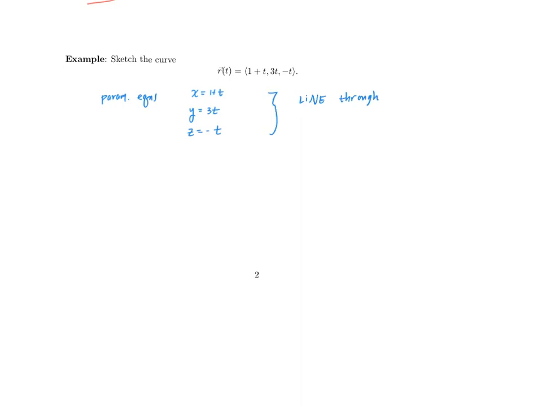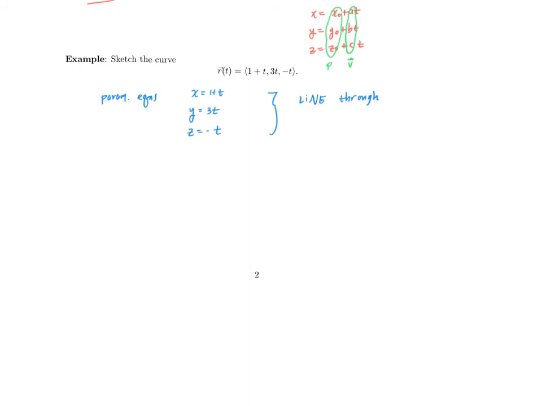And as a really quick reminder, if you have the parametric equations of a line, x equals x naught plus at, y equals y naught plus bt, z equals z naught plus ct, we can very quickly identify the point and the direction vector.